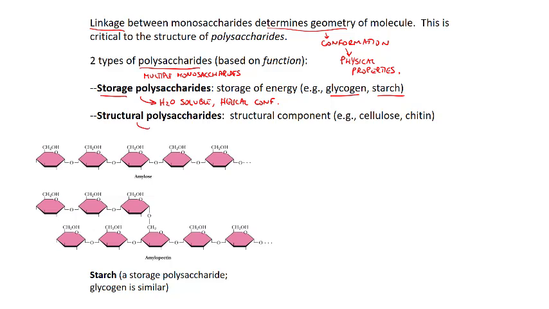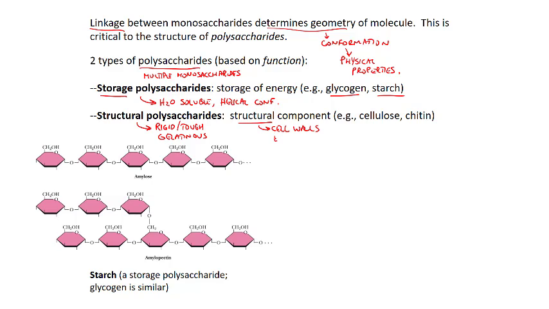And then there's structural polysaccharides. So structural polysaccharides are either rigid and tough, or they are gelatinous in water, because of their conformation, and therefore they're used for structure, especially for cell walls.